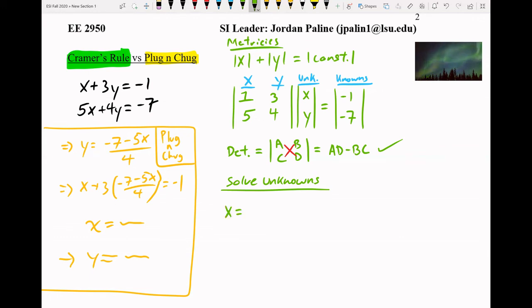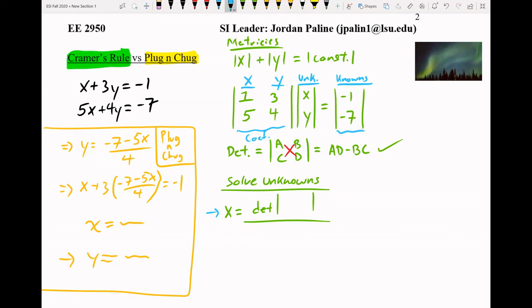What you'll do is you'll take the determinant of your coefficient matrix, which is this little bad boy here. But in the column of the variable you're trying to find, in this case x, you're going to replace it with your knowns column.